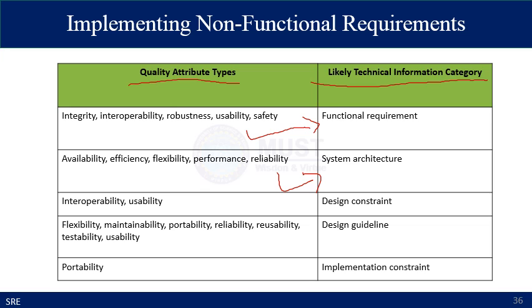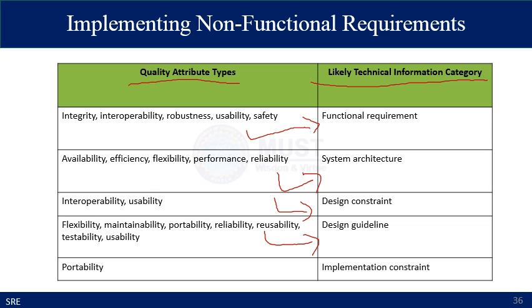And again, if you want your system to work with different applications, you have to work on the design constraints or system architecture. Again, some requirements are related to design guidelines such as flexibility, maintainability, usability, testability, and reusability.